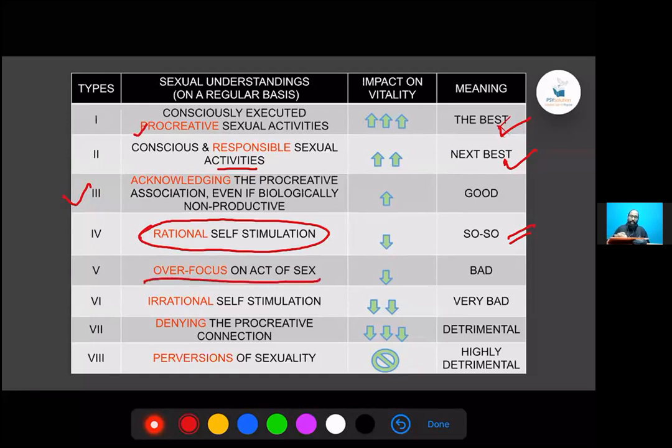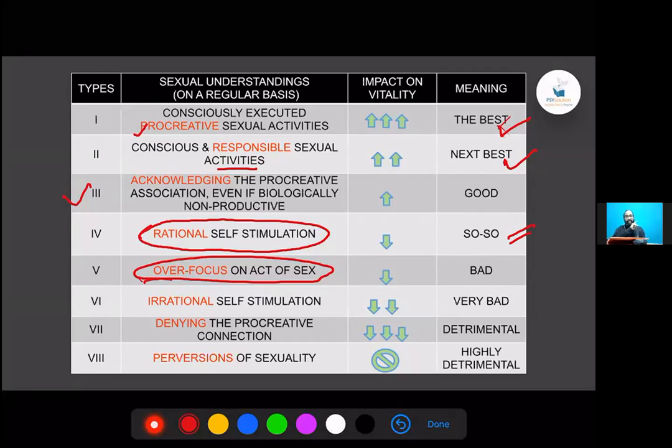Over focus on the act of sex is definitely an enervating act, because sex is a very important execution of the body. The fluid that we produce during sex is highly productive and highly complex, produced by the body by transmuting and synthesizing all the chemicals available.